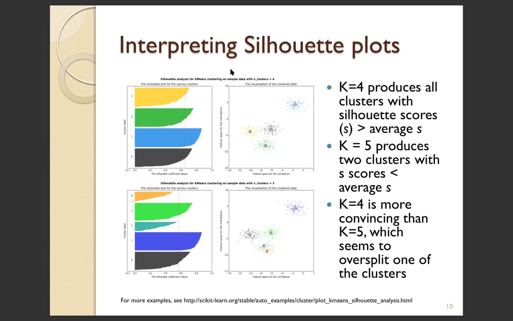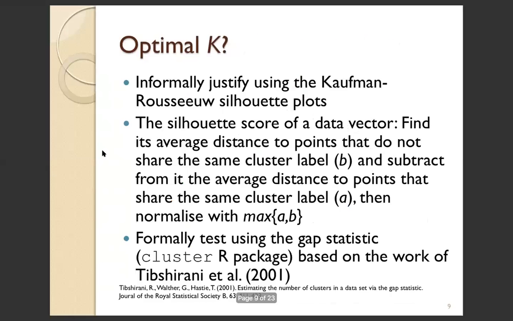But in general, you may want something more formal, because sometimes it's very subjective. It can be subjective for different people looking at a graphical diagnostic plot, whether they agree on the same thing, except in very clear-cut cases.